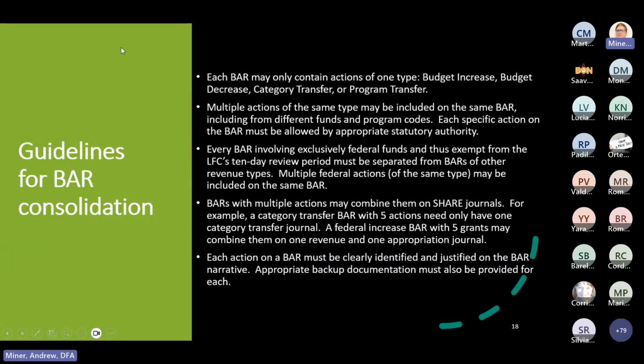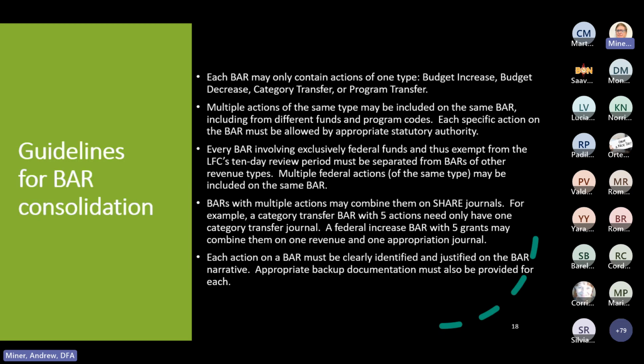So something new this year is that we're trying to reduce the number of BARs that are submitted, and well, we'll see how it goes. That was born out of we reviewed about 300, actually I think more than 300 BARs and other documents if you put everything together between April and June this year. That's a lot.